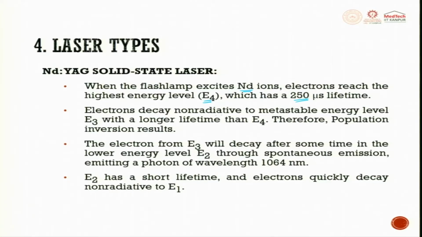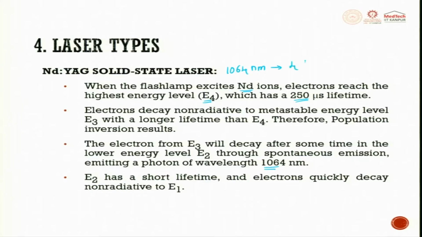Electrons decay non-radiatively to a metastable energy level E3 with a longer lifetime than E4. Therefore, population inversion results. The electron from E3 will decay after some time to the lower level E2 through spontaneous emission, emitting a photon of wavelength 1064 nanometer. So Nd-YAG comes with 1064 nanometer.